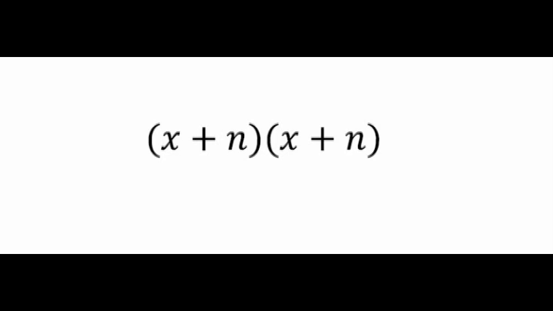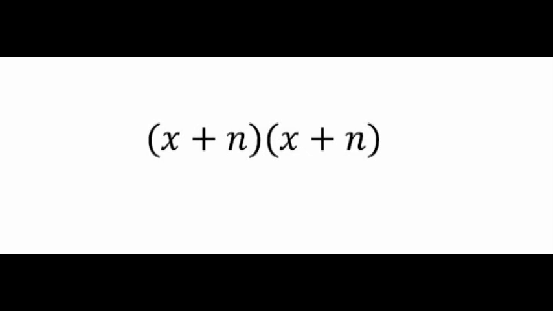If we wanted to square that thing, x plus n squared would be x plus n times x plus n. And now, how do you multiply that? Well, if you multiply two numbers, you just multiply them by each other. But when you have a binomial, when you multiply it together, you have to multiply each term in one of the binomials by every other term in the other binomial.